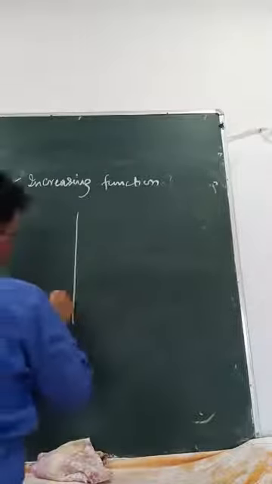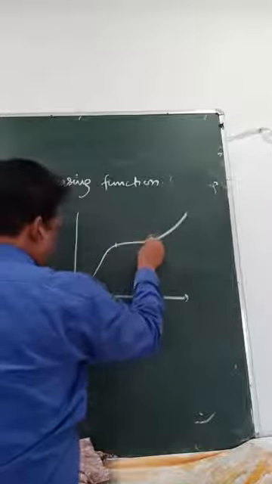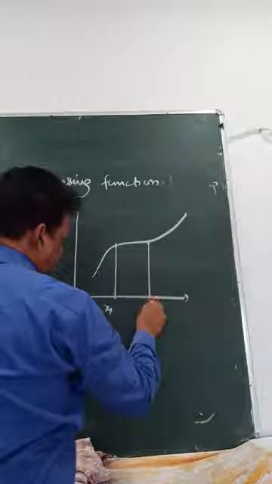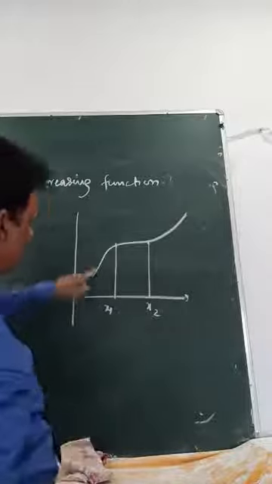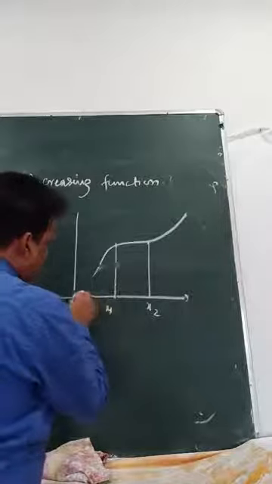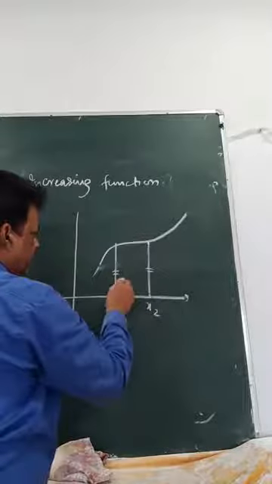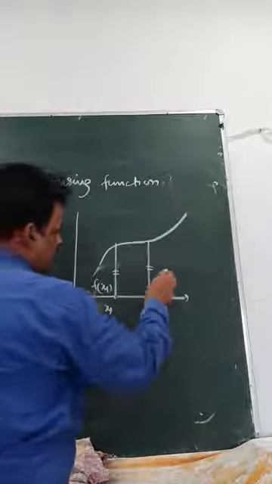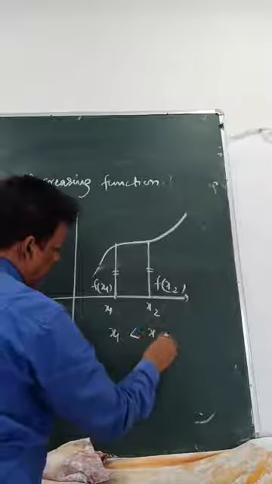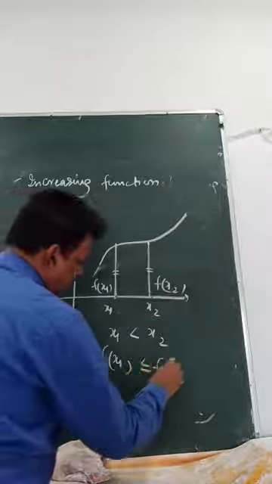Suppose consider these 2 points. So this is your x1, this is your x2. You can see the tendency of the graph is increasing, but your x1 is smaller than x2, but your f(x1), f(x2) found to be equal. This is your f(x1), this is your f(x2). So you find x1 smaller than x2, but f(x1) smaller than or equal to f(x2).